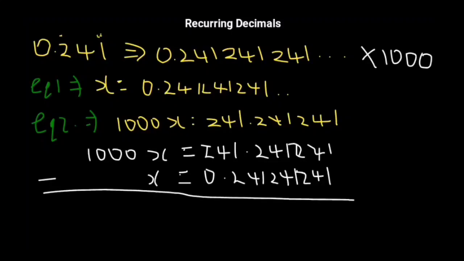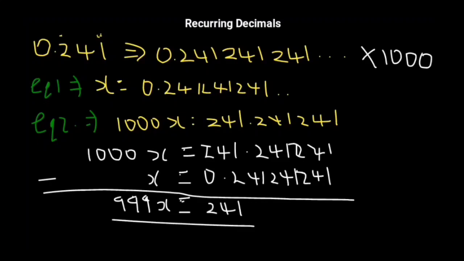Simplifying this, if we subtract 1x from 1000x, we'll have 999x. And then subtracting 0.241241241 from 241.241241, we will have 241.